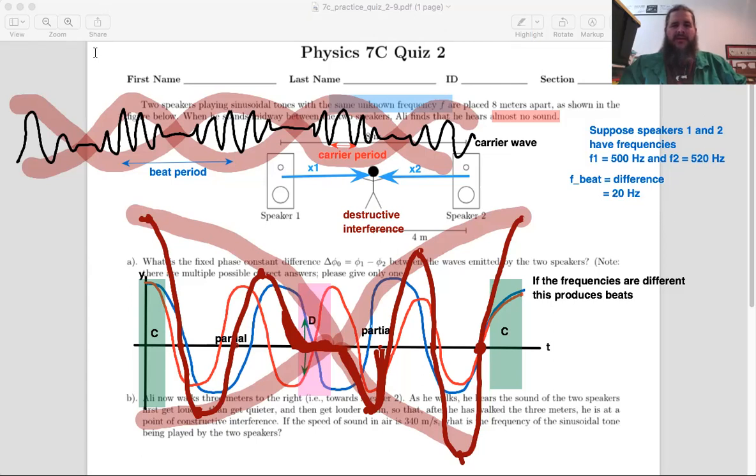And then the carrier frequency, which is the frequency of the note you actually hear, is the average of those. So what's the average of these two frequencies? Yeah, 510 hertz, halfway in between.